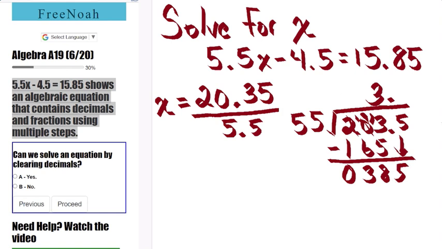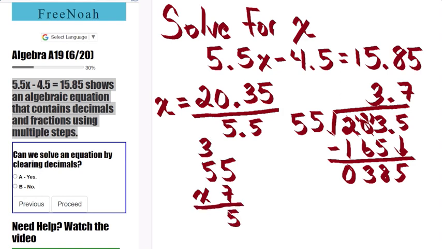I believe 55 can go into 385 7 times evenly, without any remainders. Let's do the math fairly quickly. 55 times 7: 5 times 7 is 35.